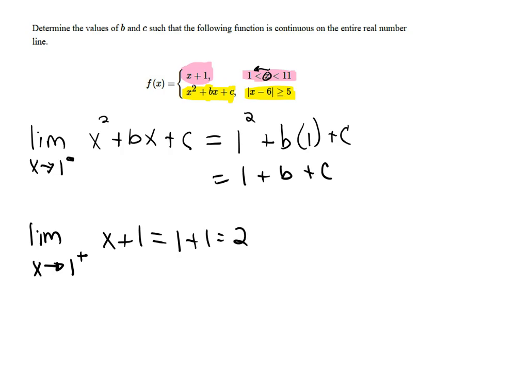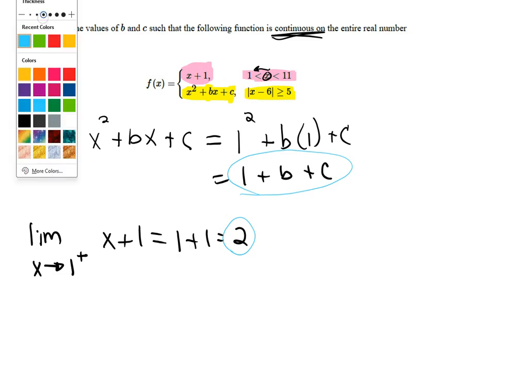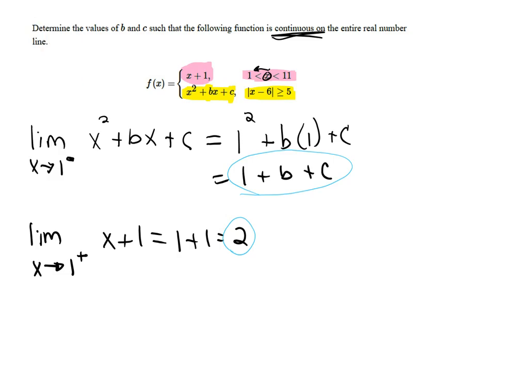So if this is continuous, then that means that the limit approaching from the left should equal the limit approaching from the right. So if I take this guy and this guy, because that's what they simplified to be, and set them equal to each other, I'm going to have 1 plus b plus c equals 2.